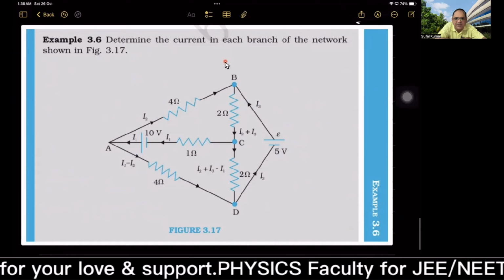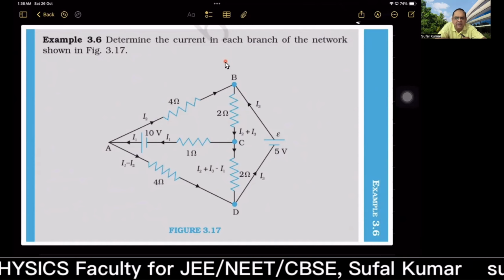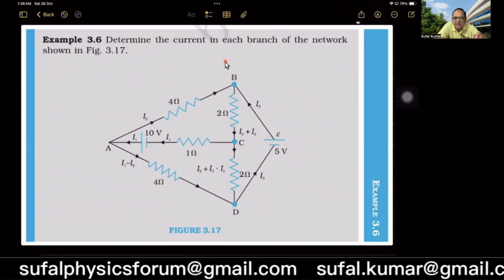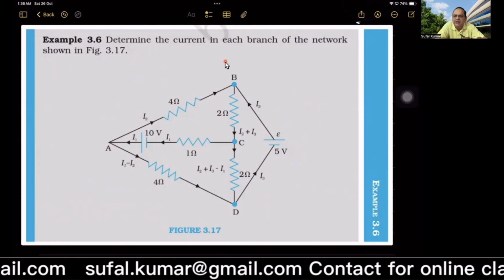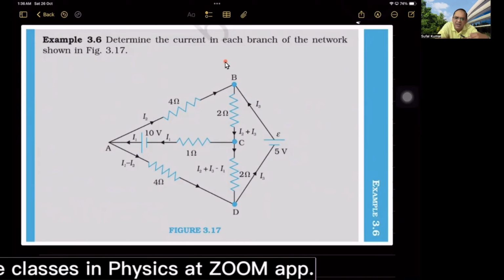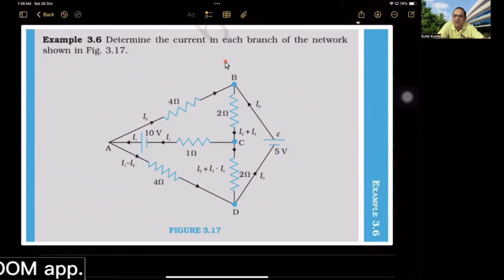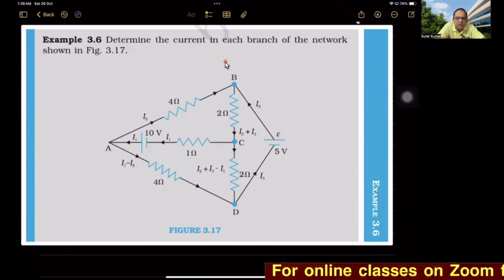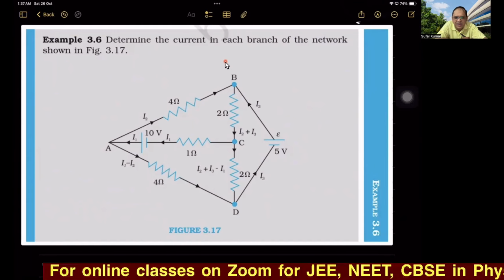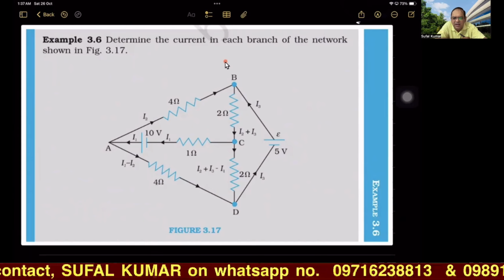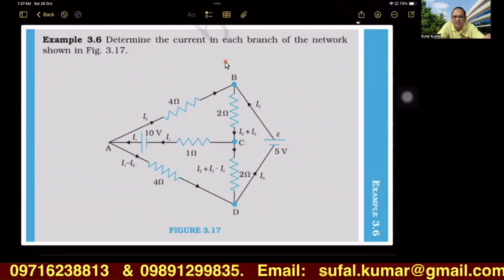So, determine the current in each branch of the network shown. Again, this diagram is given in the question. Sometimes in the given diagram, current is not shown. In that case, we need to assume from our side what the currents are. But here it is more feasible, since we don't have to judge or anticipate anything. Directly we start writing the equations of decided closed loops.